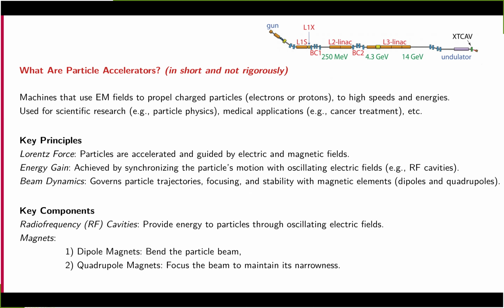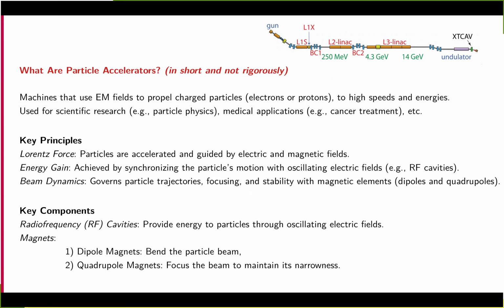So the key components here are the radio frequency cavities, which are responsible for the oscillating electric fields, and the magnets that are responsible for bending the particle beam and changing its focus in a way.